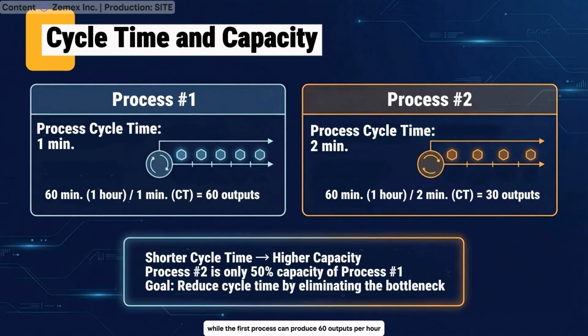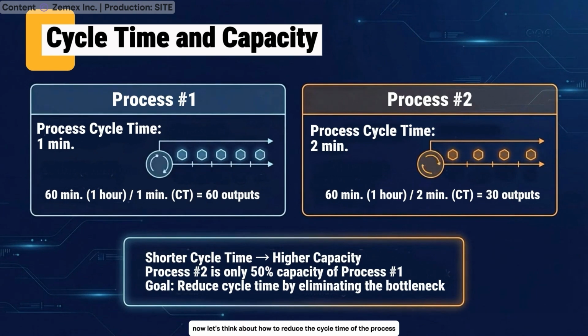While the first process can produce 60 outputs per hour, the second process only produces 30 outputs per hour. Why? Because the process cycle time for the first process is much shorter than the second one. This is the relationship between cycle time and capacity. The shorter the cycle time, the bigger the number of outputs. That is why we are interested in reducing cycle time.